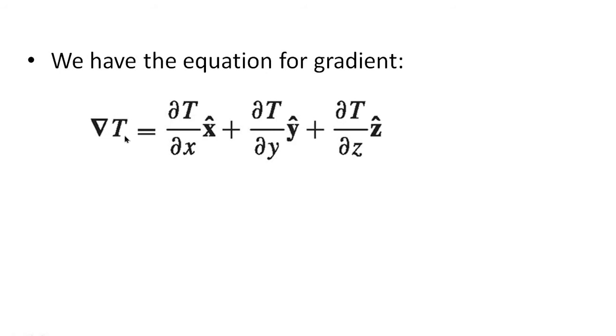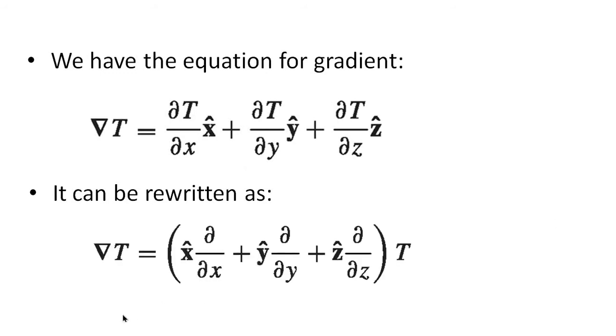Here it is applied on t. In the previous problem it is applied on r. Now we need to find this del. For that we can rewrite this equation like this. Del t equal to, taking t common and writing it outside, then dou by dou x x cap plus dou by dou y y cap plus dou by dou z z cap.